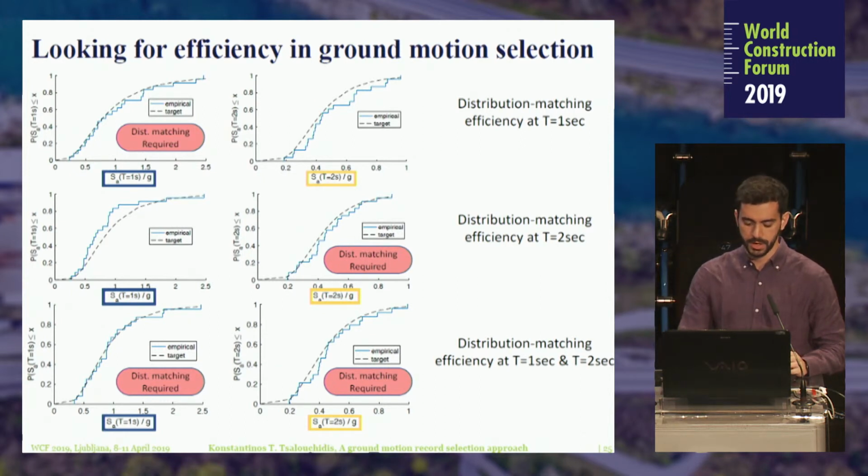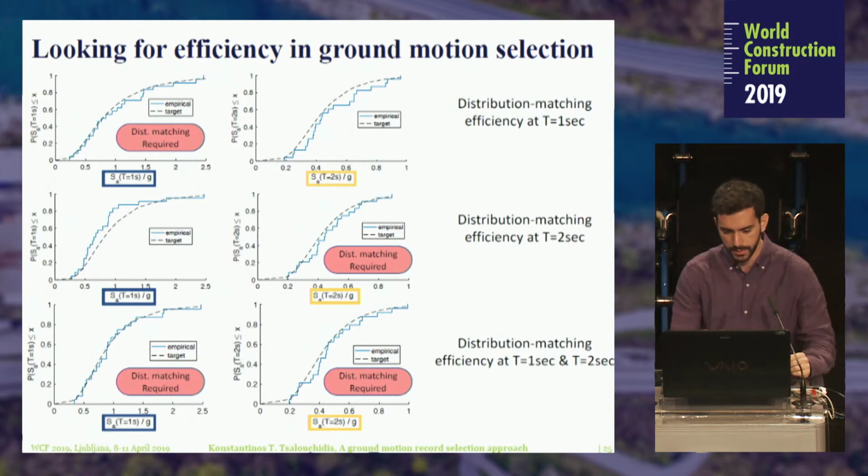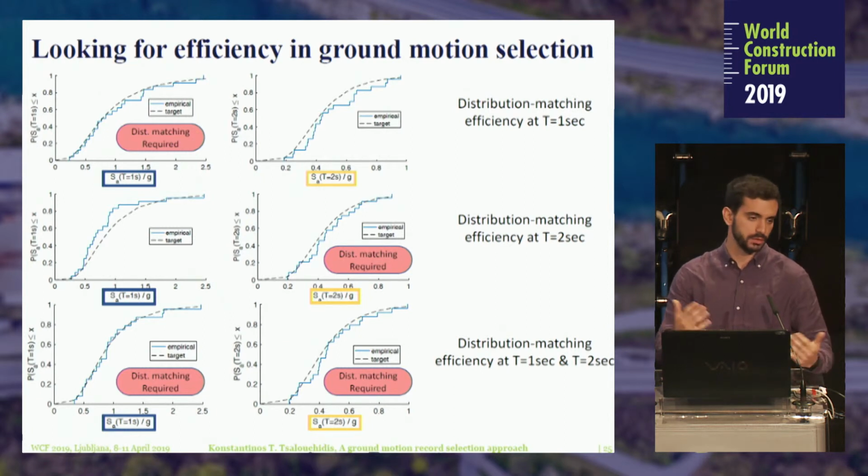And the final row is when I required it for both. The only argument here is that when the distribution matching requirement was applied, the distribution matching is much better than when it wasn't required. So it gives us a notion that stratified sampling can improve our efficiency in ground motion selection, so that we can have fewer ground motions with better efficiency.